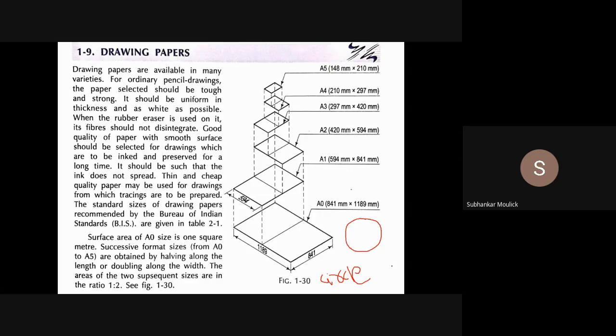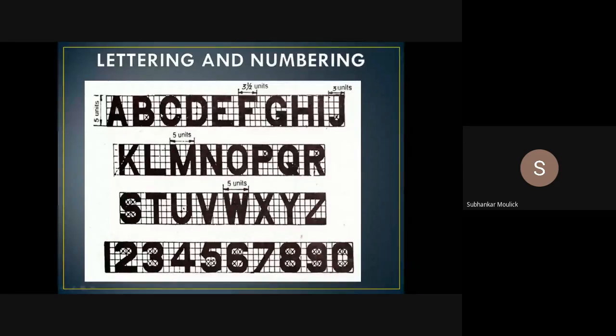What are those rules? For any numeric value or any alphabetical value, the vertical height should be equivalent to 5 units. Each unit is equivalent to 1 millimeter. So 5 units is equivalent to 5 millimeters. Now it is not possible for anyone to draw a 5 millimeter vertical straight line with the help of a scale.